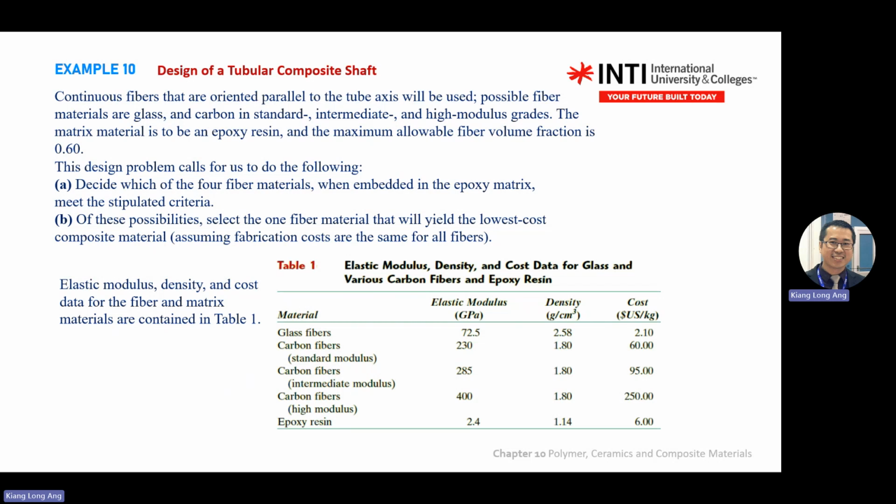This question is more like your test 1, question 2 kind of question. It's the same. You mix it, you calculate, then you give the proposal. So part B, under this possible, select one fiber material that will yield the lowest cost. One is from the mechanical engineering perspective, and another one is from the economic perspective.